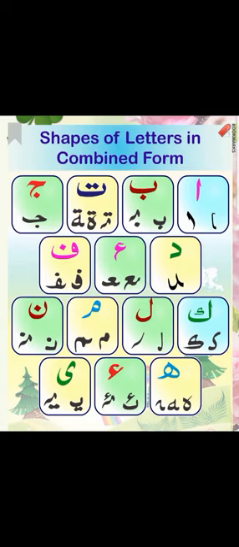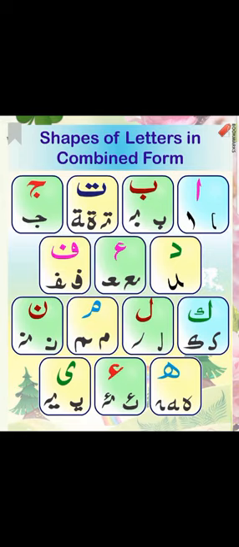And next is lam. See, lam is written in two shapes below, so lam can be joined with other Arabic alphabets in either of these forms. Next is meem, which is also written below in two forms, and the meem above is also a combined form of meem. And next is noon.